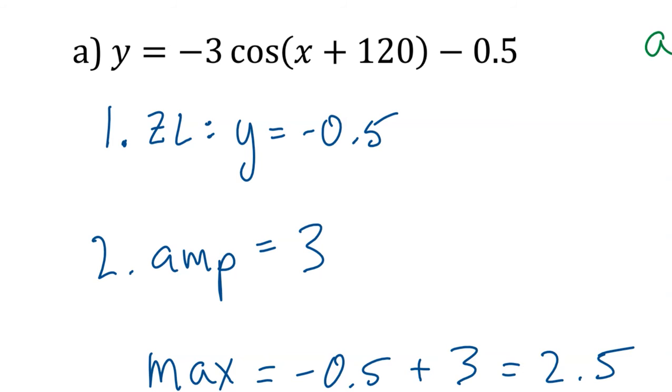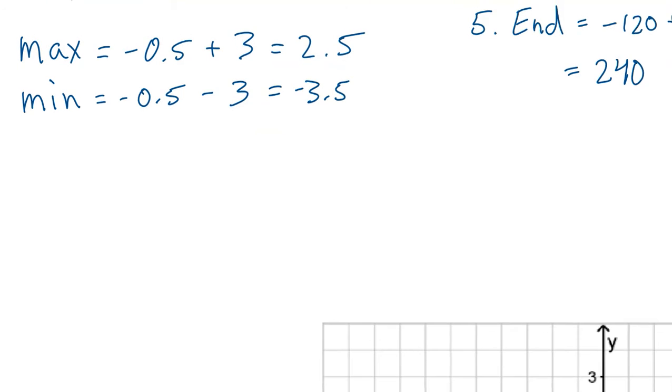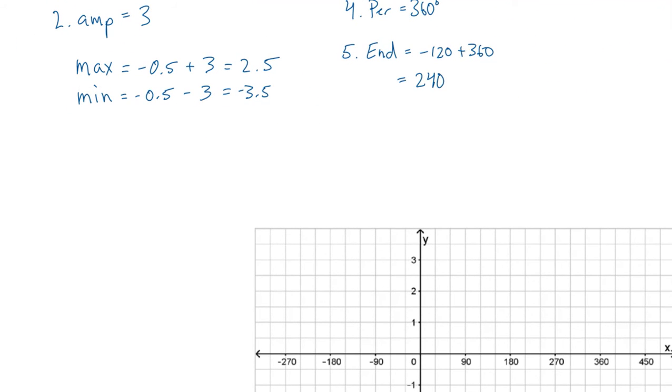Of course, we have to know if it's cosine or sine, because they look a little bit different. So we have to know which one it is. So it is cosine, and it is a reflection. The base curve for cosine, this is something you need to know, starts at the max, right? That's where it starts. This is the progression you need to know. Max, zero line, min, zero line, max. That's what cosine does.